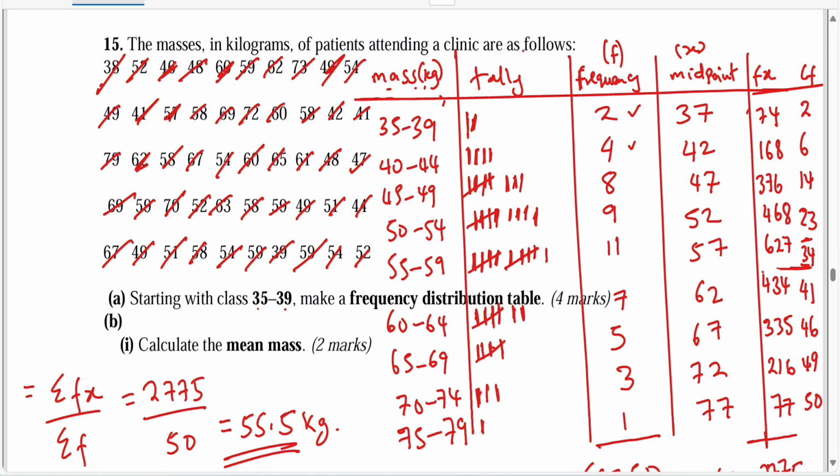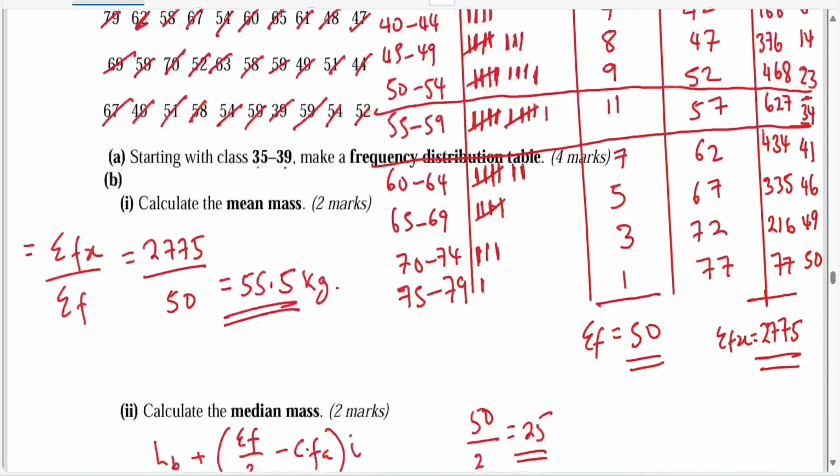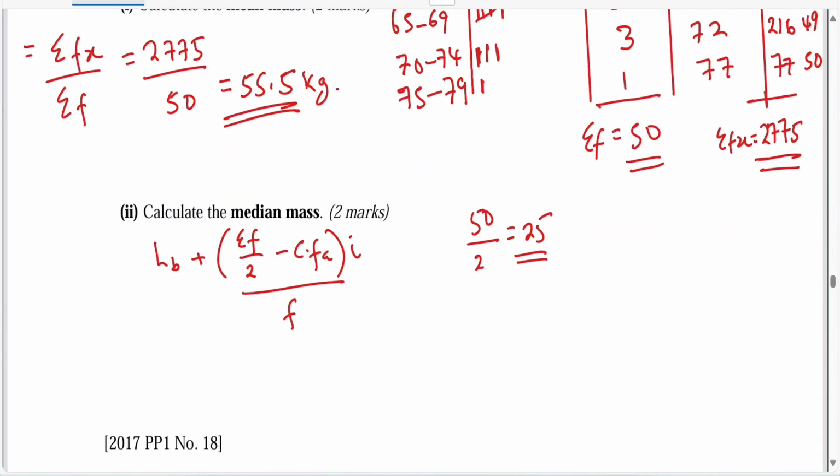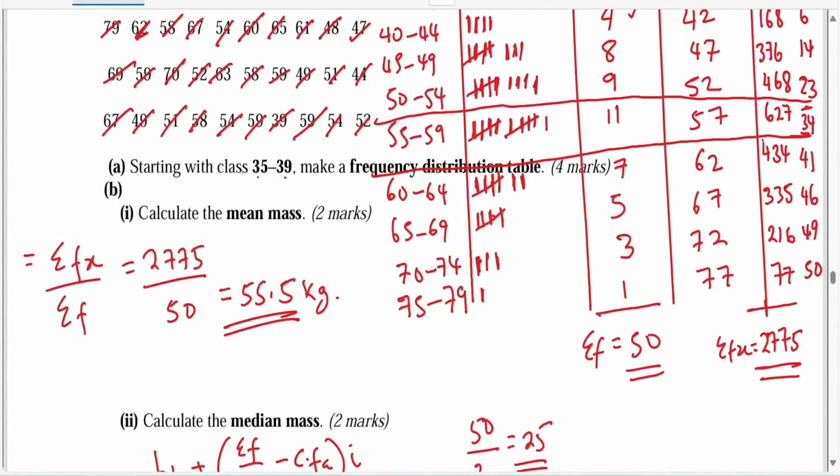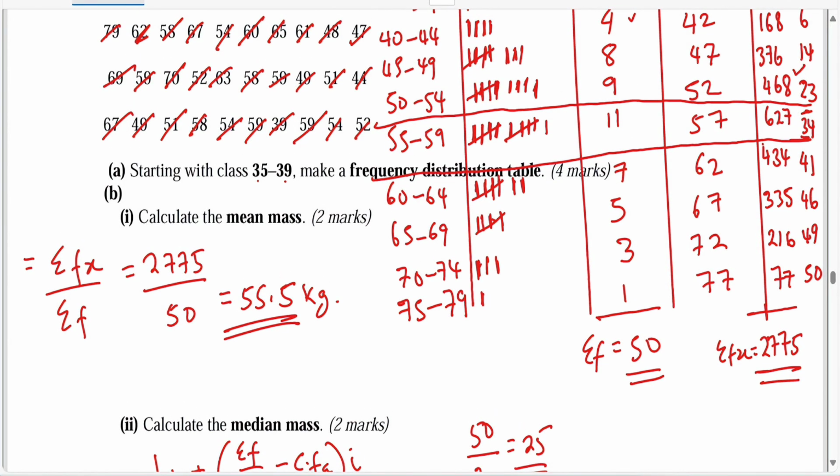So you should highlight everything which is here. Okay, so we'll use all of it. So sum of f has given us how much? It has given us 25 minus cumulative frequency above, which is 23.